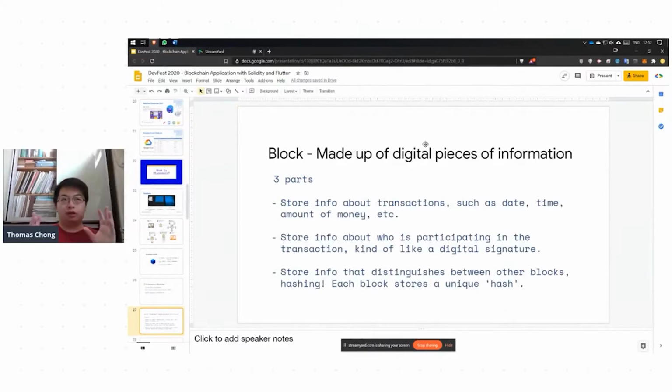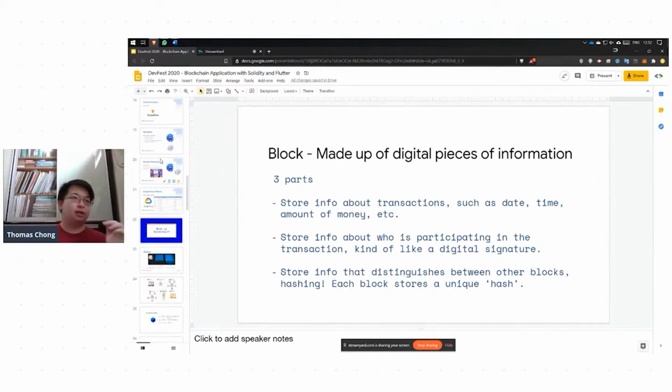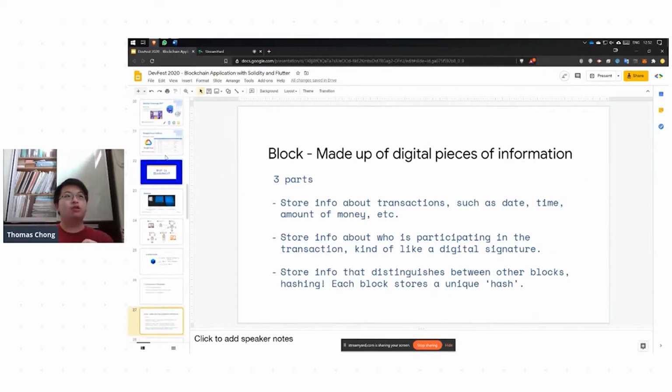Okay, so talking about the whole blocks, which I think I mentioned in the previous slide, but more clearly. A block is made up of some digital pieces of information. There are three parts. The first part stores the information about the transaction, for example, date, time, amount of money, etc. And also the information about who is participating in the transaction, like the digital signature.